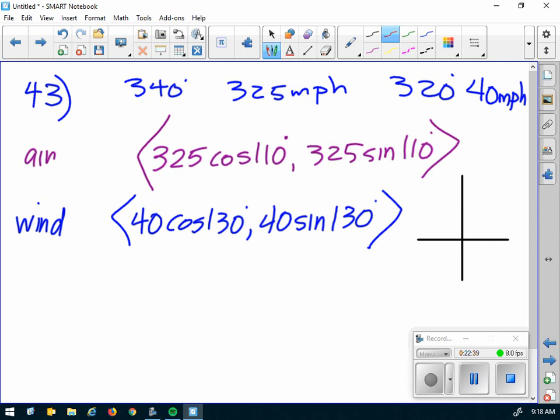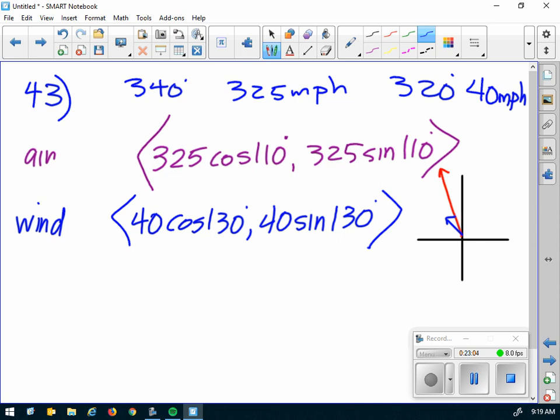Now look, the plane is going this way. The wind is going this way. Why did I make the wind's vector shorter? Because it's not anywhere near as fast. Now, it will affect it, but we got to decide how much.